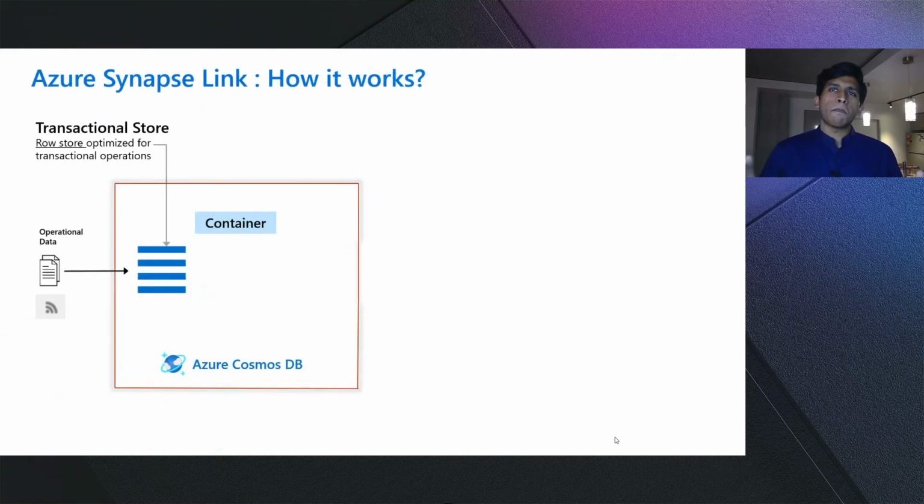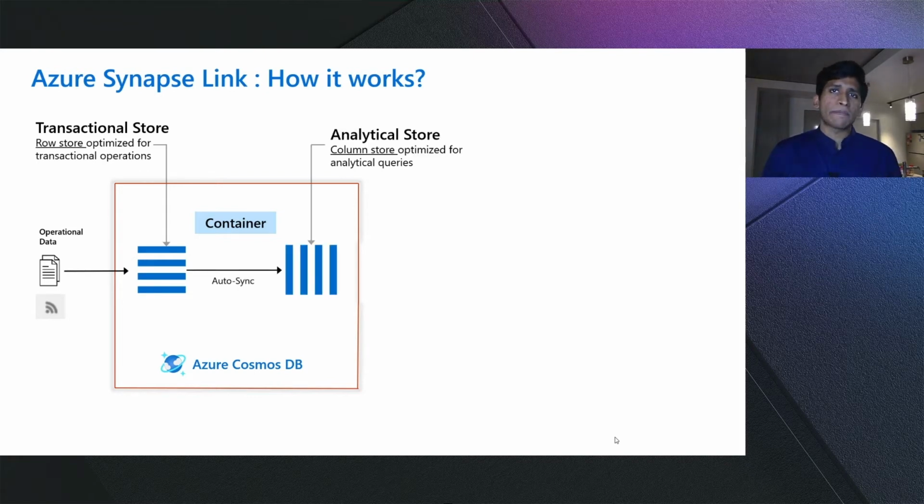So, what's the magic powering Synapse Link? Prior to Synapse Link, your operational data in Cosmos DB is internally stored in a row-oriented transactional store. This store is optimized for transactional reads and writes and operational queries. Now, with Synapse Link, we've added a fully managed native analytical store within a Cosmos DB container.